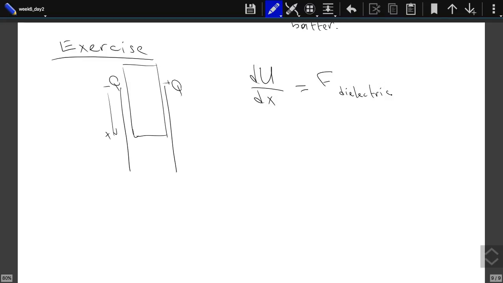And then some of you asked, what happens if you connect it to a battery? So in the previous question, Q was constant. But now we can say that we connect it to a battery.